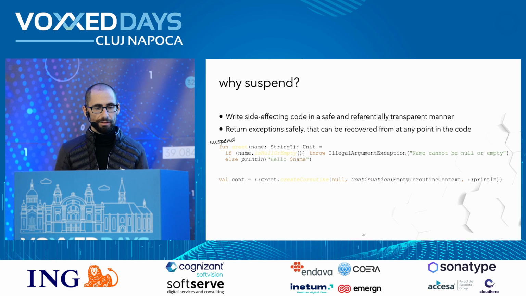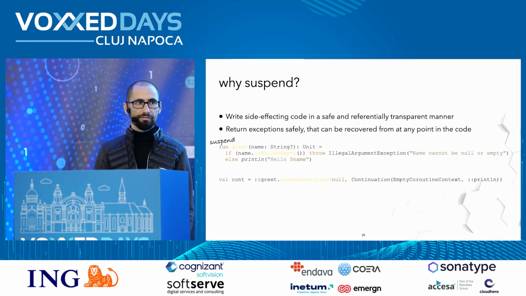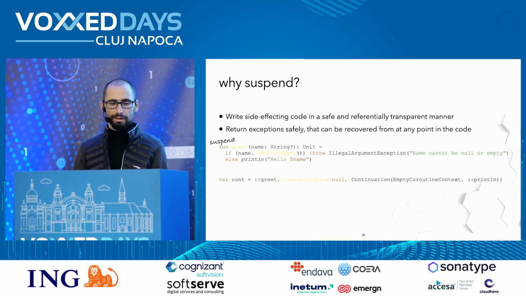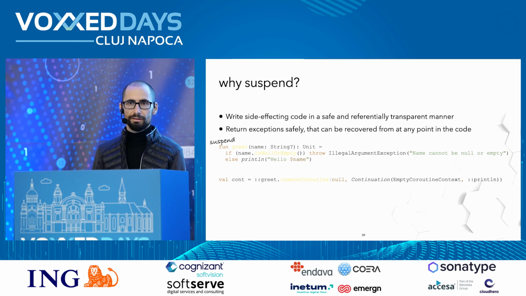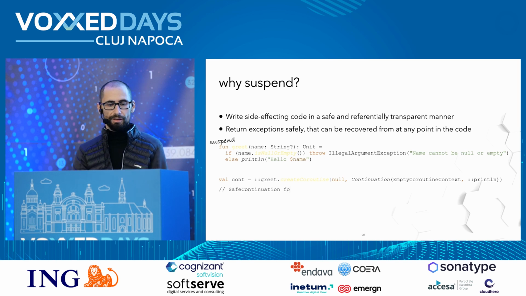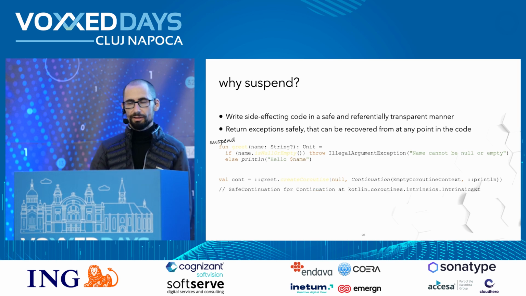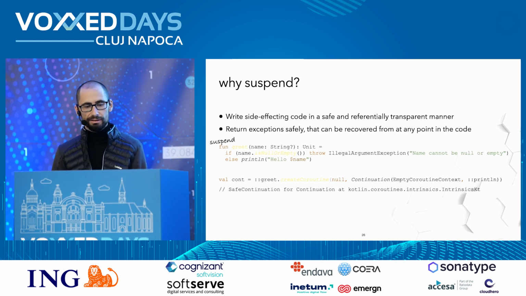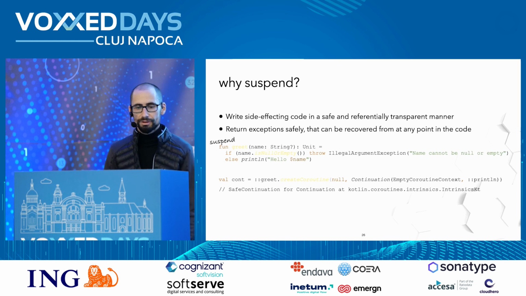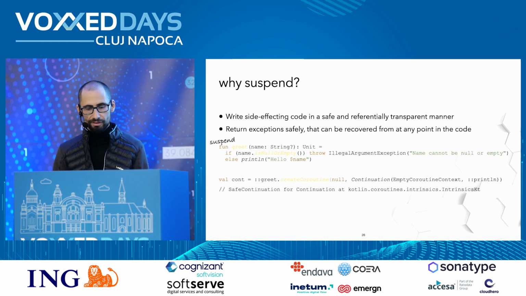The first one is the argument that we are passing to the greet function, and the second one is a continuation that takes another 2 arguments, some context, and the function. Now, if we execute this, instead of getting an exception or a failure or something like this, we're just going to get back a description of our computation, which in this case is called a safe continuation.